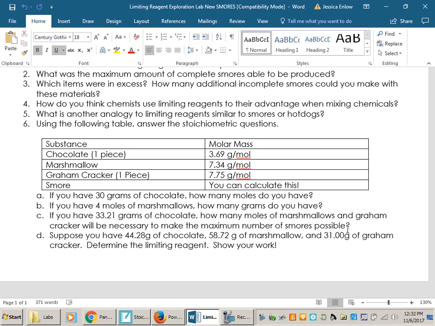So you have to multiply everything by the ratio. 1 mole is 7.75. Yeah, 1/2. So it's 1/2. It seems fractional, right?